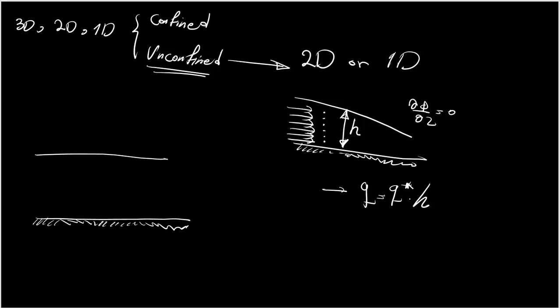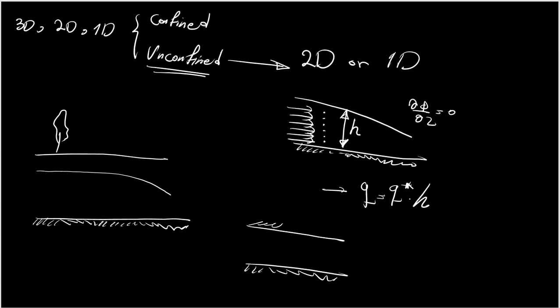But I want you to think about the other problem here in the unconfined aquifer. If you look at the confined system, you can say that these two layers are confining the aquifer, and this is one physical boundary, and this is the other physical boundary.